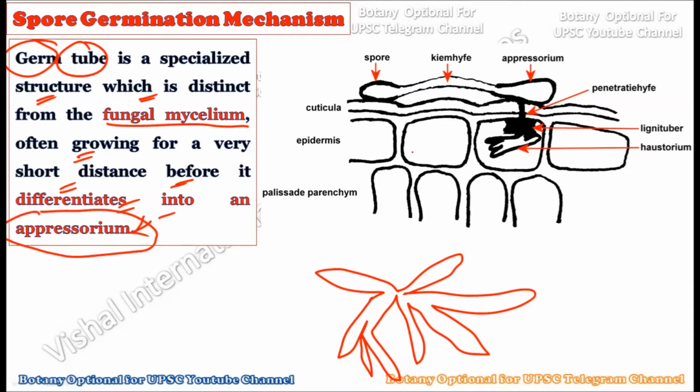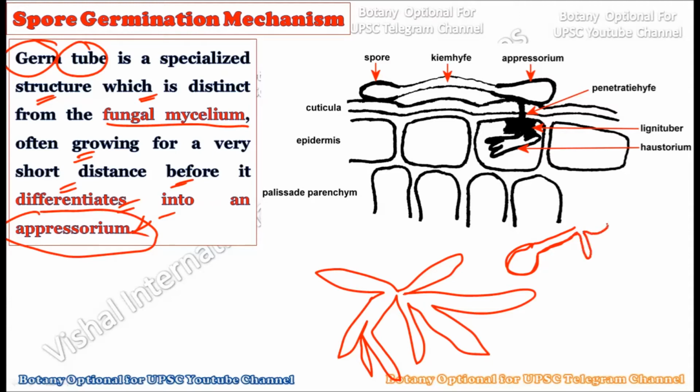Now consider this is a spore, and this spore is germinating and creating the germ tube. This germ tube will not grow in length. It will grow a very short distance, and after that short distance it will stop growing and start to differentiate.